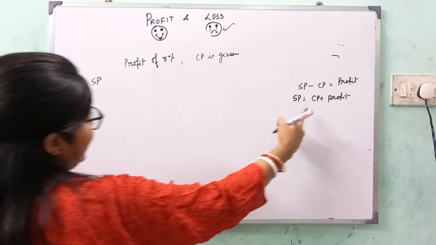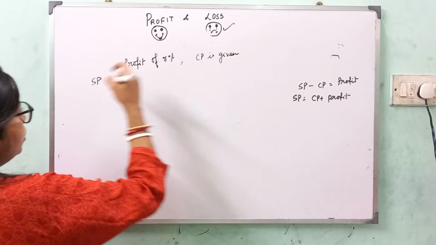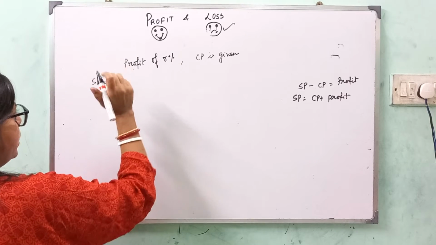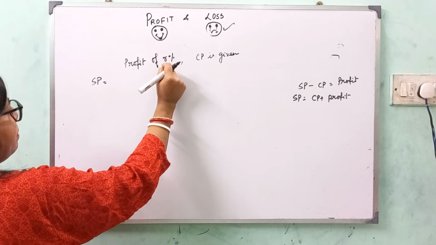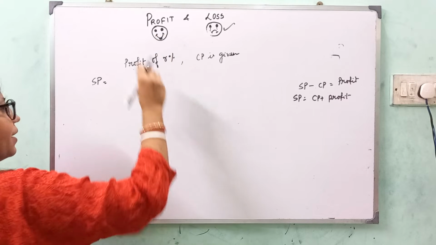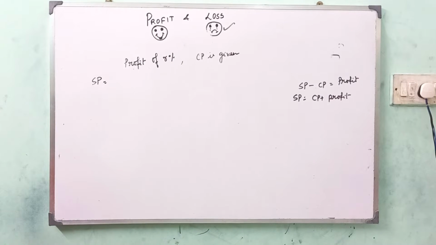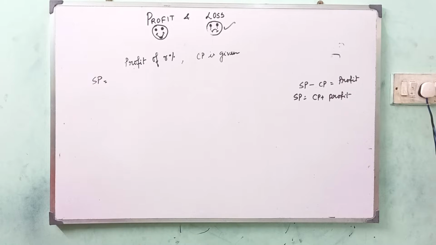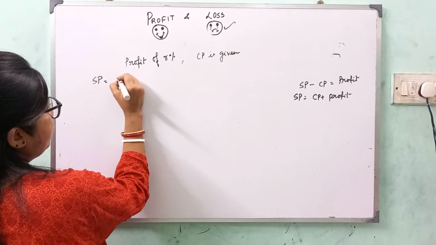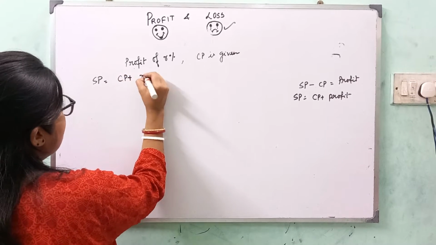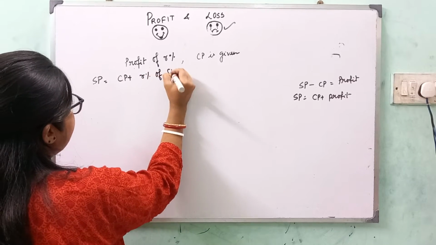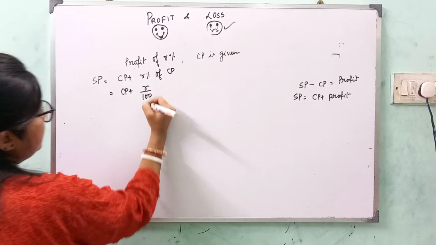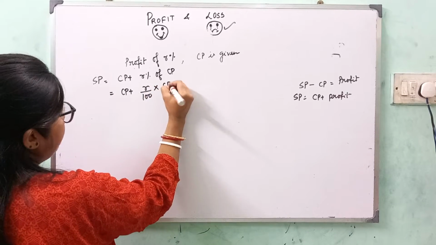So here in this case I will use this formula. Now the profit percentage is given to us. So this means out of 100, R is the profit that you have. So out of the given CP, what will be your profit? So this is CP plus R percentage of CP, that is CP plus R by 100 into CP.